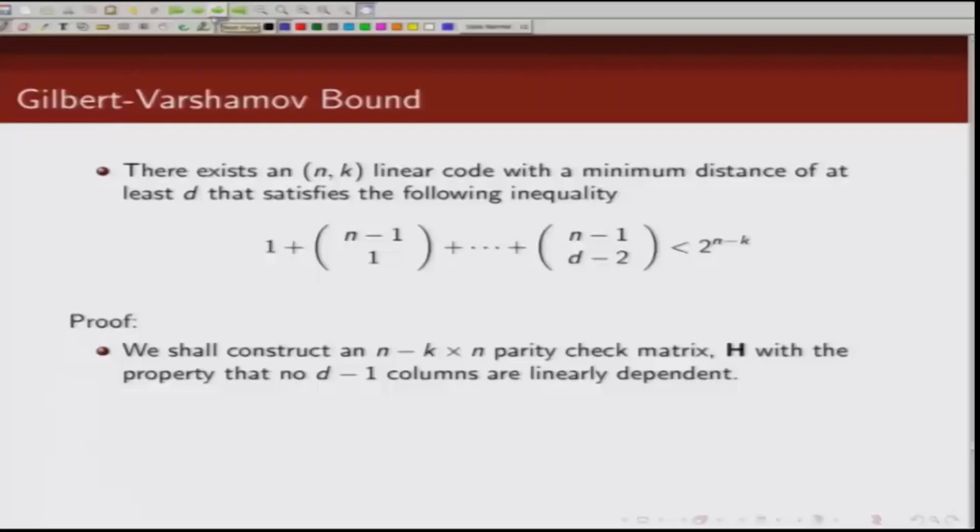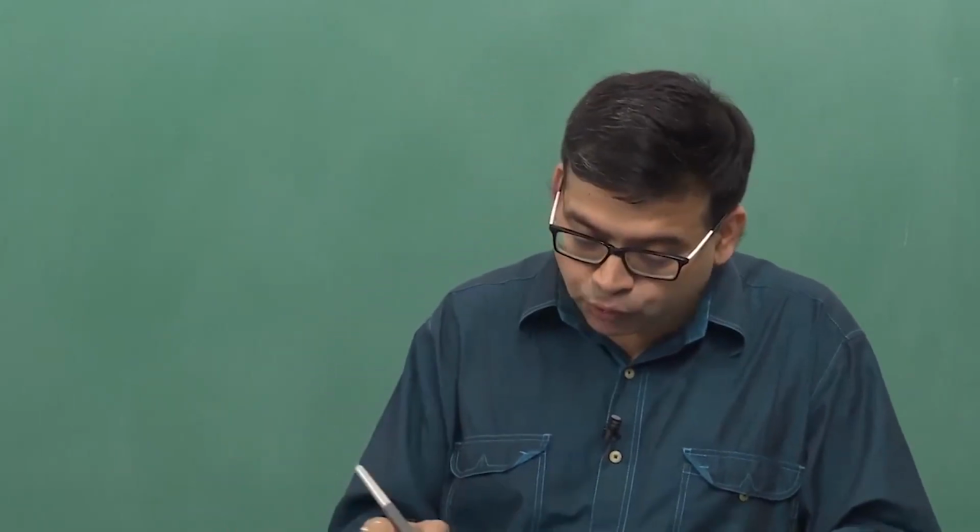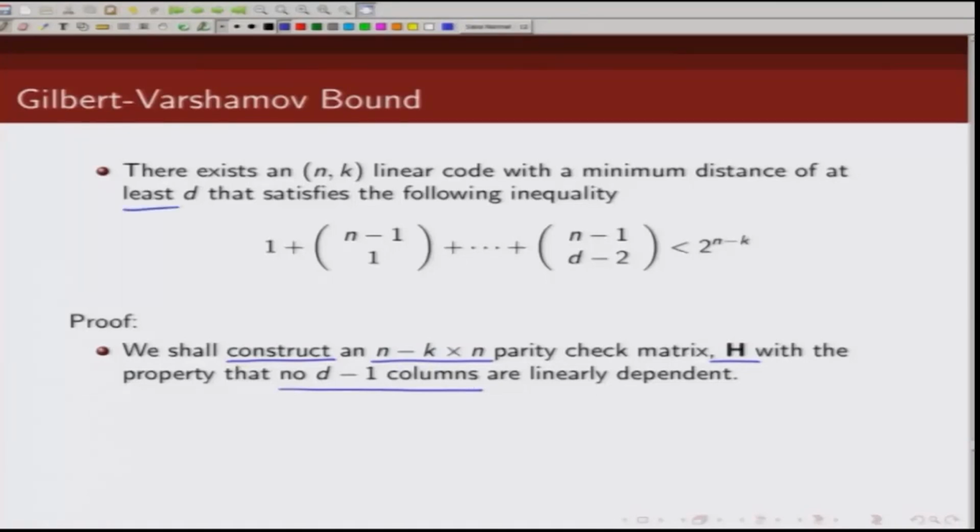So, let us construct a parity check matrix H, which is an (n-k) cross n matrix. We will try to construct it such that no d minus 1 columns are linearly dependent. If we can ensure that, then we are ensuring that minimum distance is at least d, and that is what we want to show.